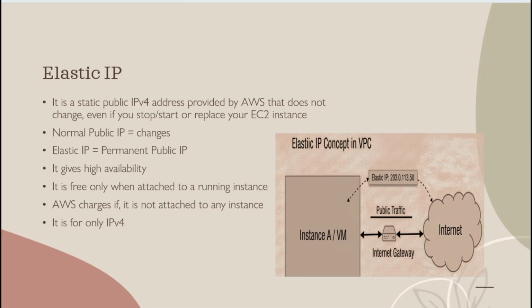So here no URL is changed and there is no downtime for the customer. Because of this, elastic IPs are used, and the elastic IP is free only when it is attached to a running instance, and AWS charges if we do not use that elastic IP.